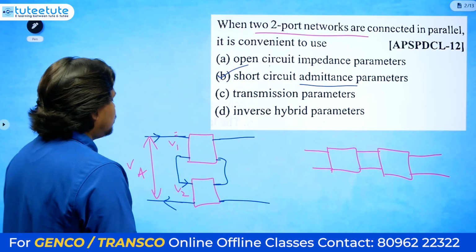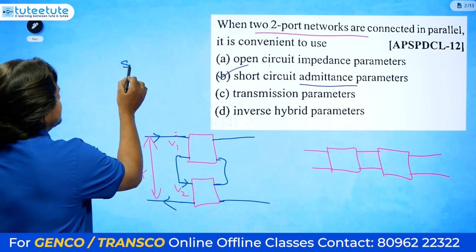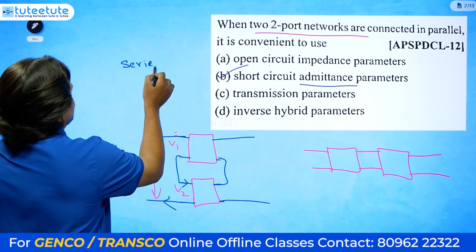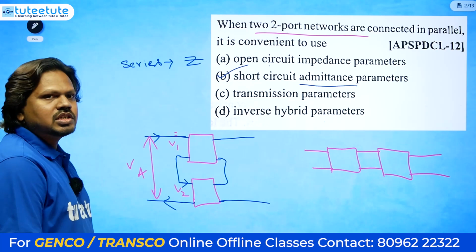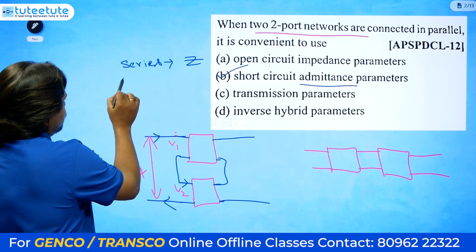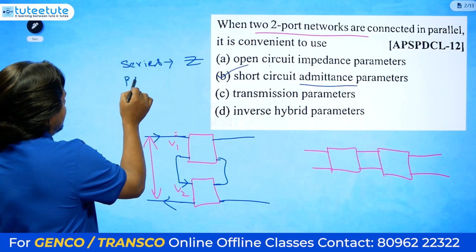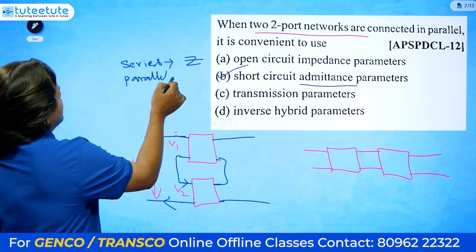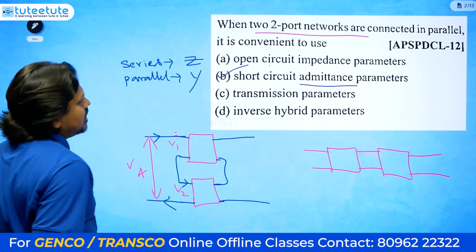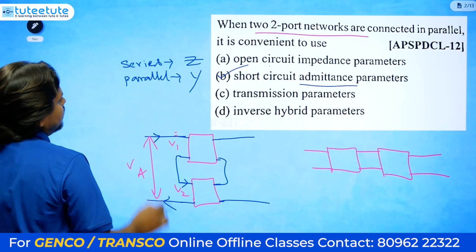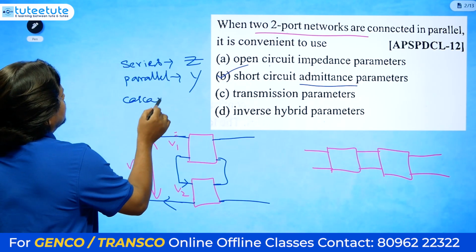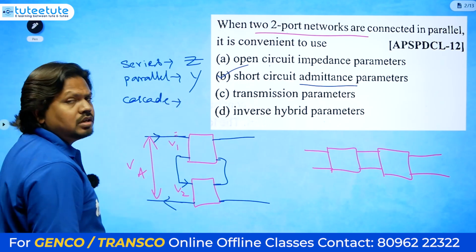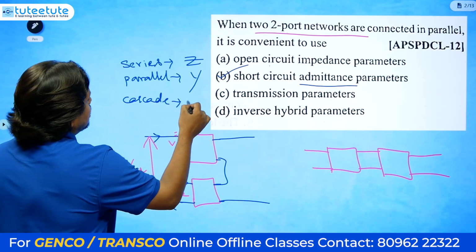Whenever two port networks are connected in series, Z parameter calculation is easy. Whenever two port networks are connected in parallel, Y parameter calculation is simple. Whenever two port networks are connected in cascade, which parameter calculation is easy?